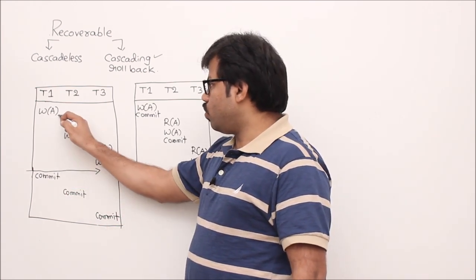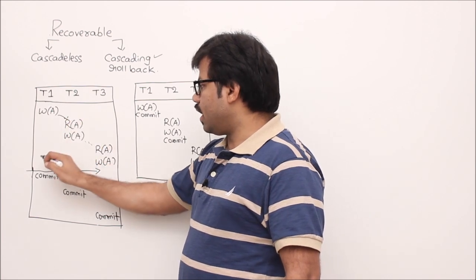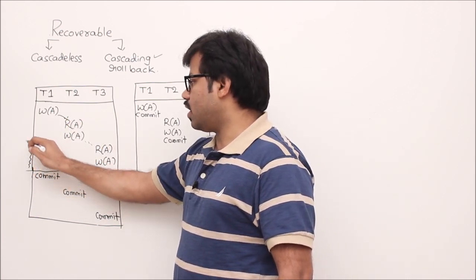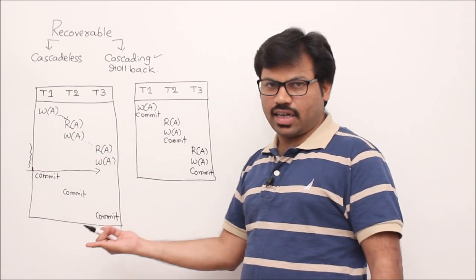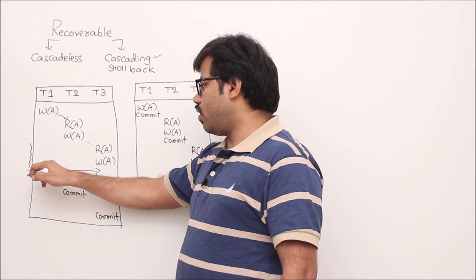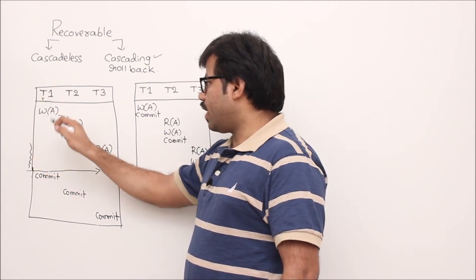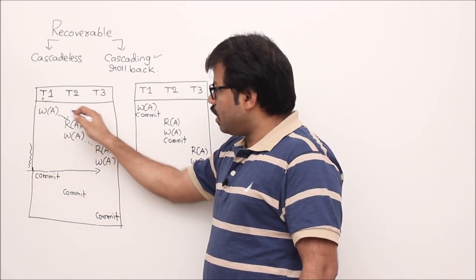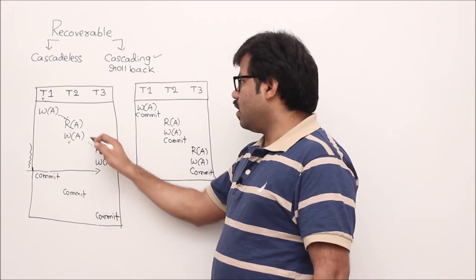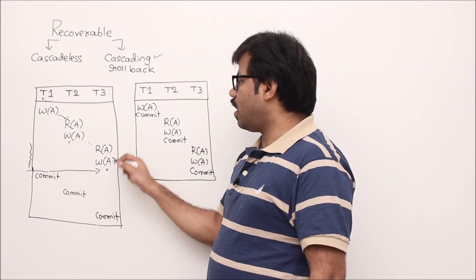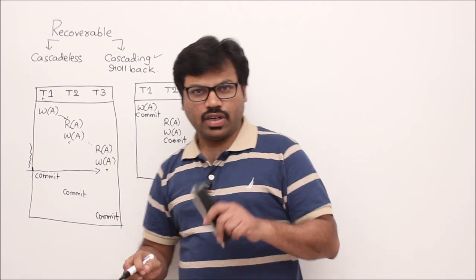Since you read the dirty data, first of all T1 will be rolled back. That is compulsory because we don't know whether T1 is a partial transaction or a complete transaction. So when power failure occurs here, we cancel T1. When we cancel T1, since T2 took dirty data from T1, T2 should be cancelled, and hence T3 should be cancelled because T3 also took dirty data from T2, correct?